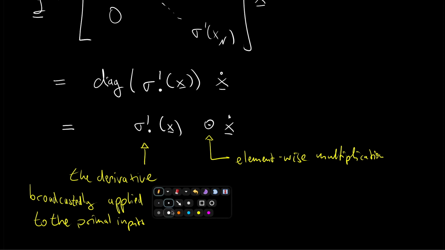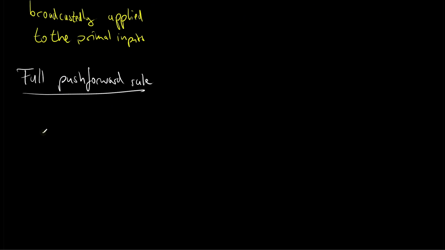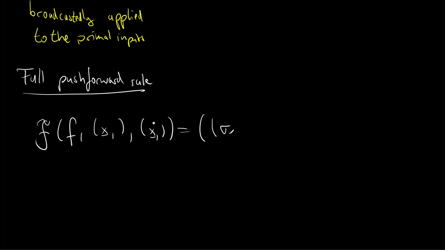And as such, we can then define the full push-forward rule. So the full push-forward rule, so we can forward propagate tangents on the application of a broadcasted nonlinear function on the primal inputs x and the tangent inputs x dot: first, we do the primal computation, which was sigma broadcasted to vector x.